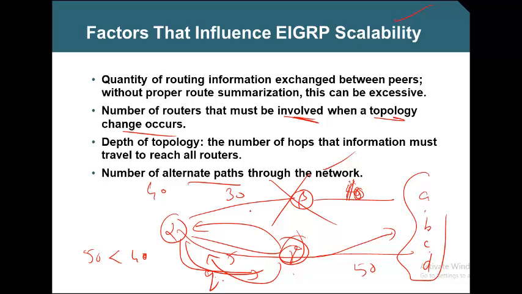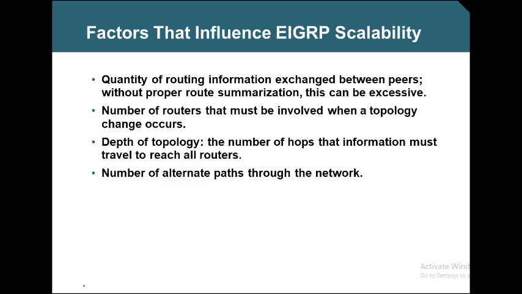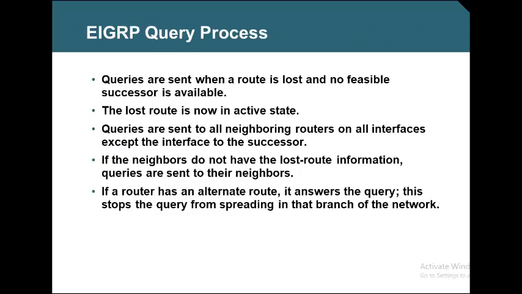What does that mean? No feasible successor, meaning you don't have an alternate path in the topology table. So what happens when the route is lost? The lost route will go to active state. What does that mean?